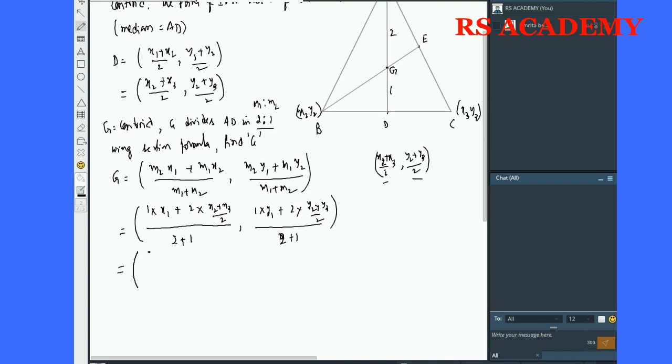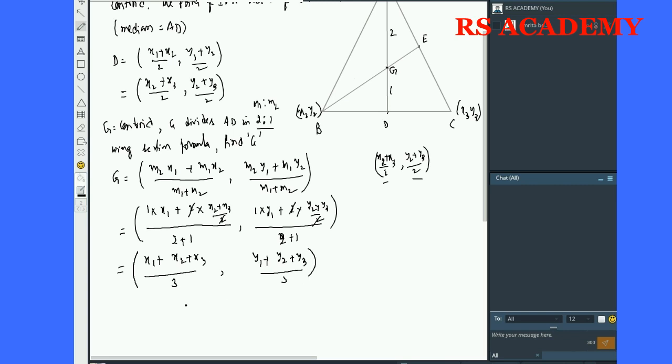Let us simplify it. 1 into x1 is x1. Now this 2 and this 2 will get cancelled, so here x2 plus x3, and the denominator will be 3. And here also, 1 into y1 is y1, and this 2 and this 2 get cancelled, giving y2 plus y3 by 3.